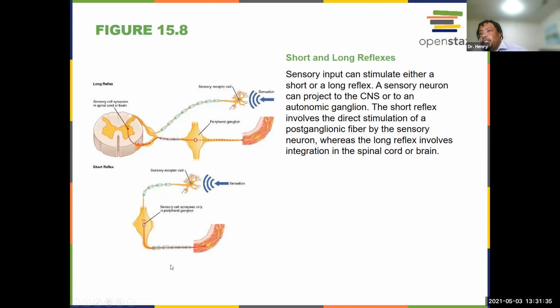It goes from that peripheral ganglion to the effector. So in this case, we're getting that response in a timelier manner, a quicker response.